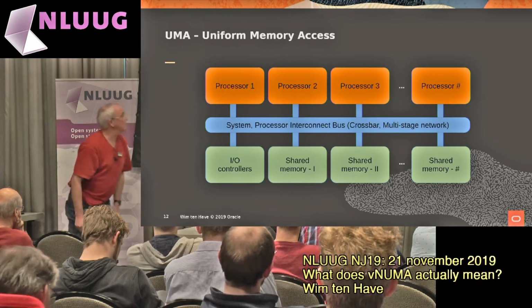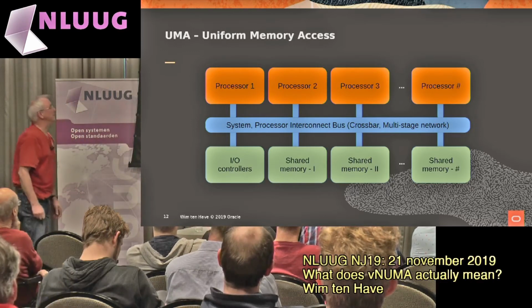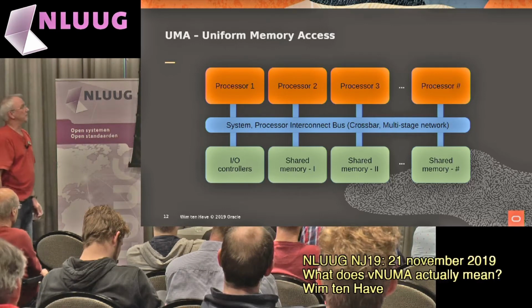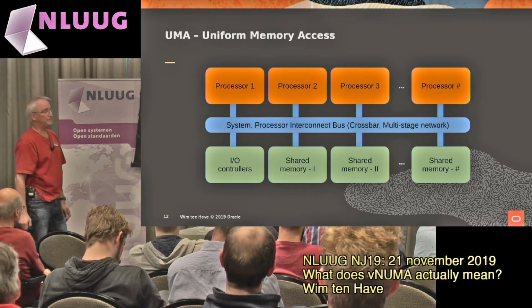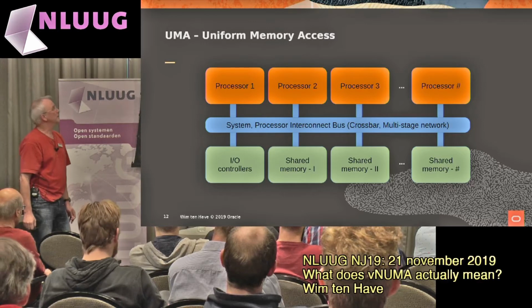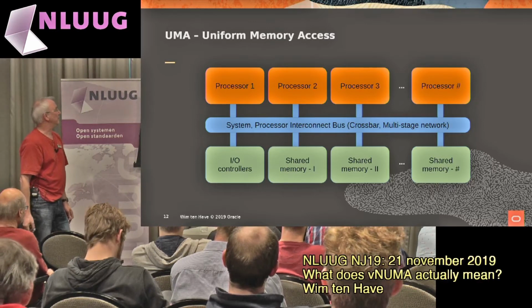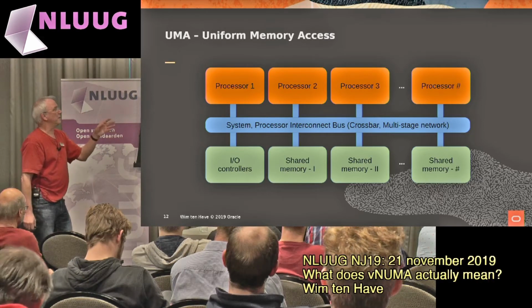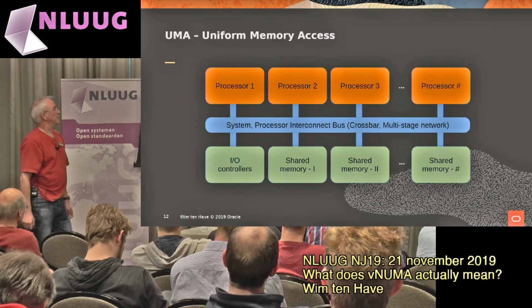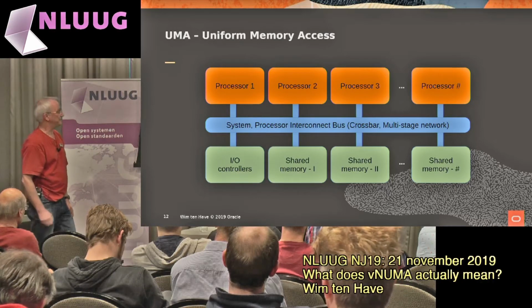CPUs. The key point of uniform memory access is that everything is connected to the memory over a single bus with the same characteristics. There could be parallel paths, but the memory and the memory bank 1 is equal to all the processors and equal to the I/O.